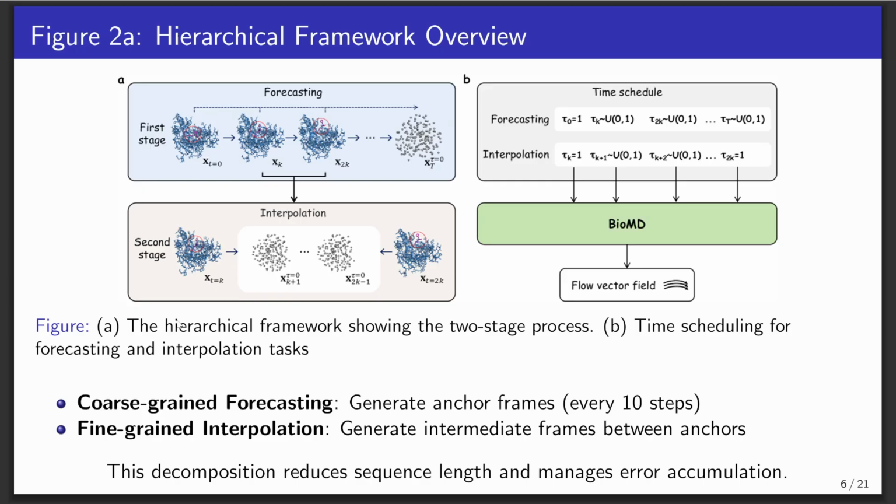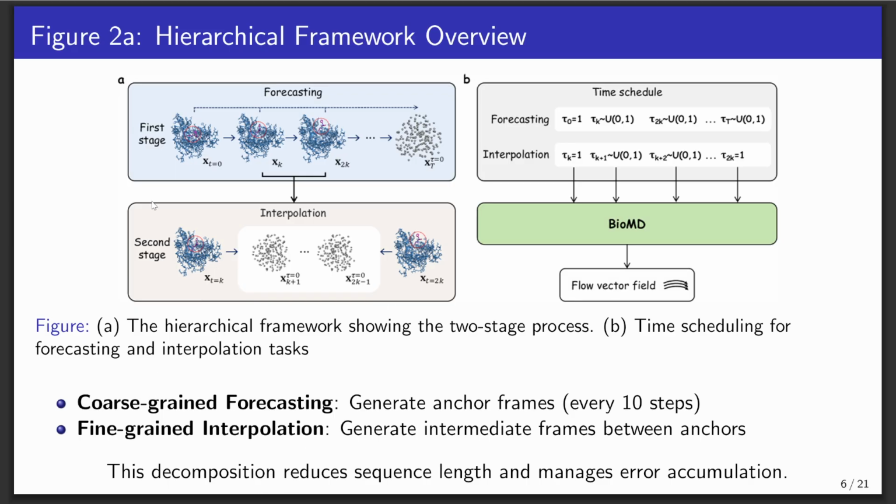We can see this figure. The left part, subfigure A, is a hierarchical framework showing the two-stage process. The blue part is the coarse-grained forecasting process, which generates the anchor frames xk, x2k, and so on.